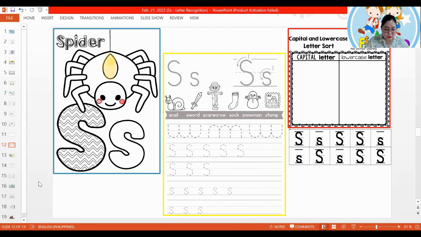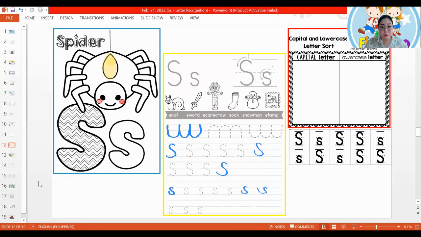And when you're all done with that, you can now proceed to tracing your curved lines, tracing your letter S, the capital letter S, and the lowercase letter S. And you know what? Let's also try to write the letter S in the lines, okay?